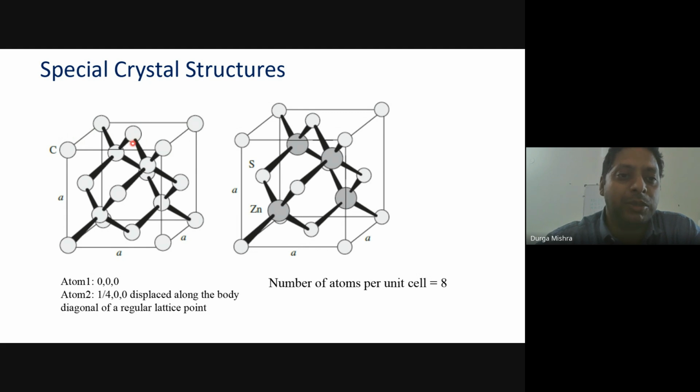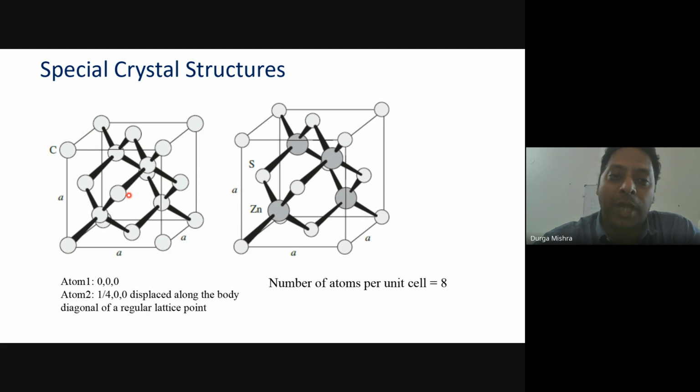So you have eight carbon atoms on the corners, and then four carbon atoms on the six faces.